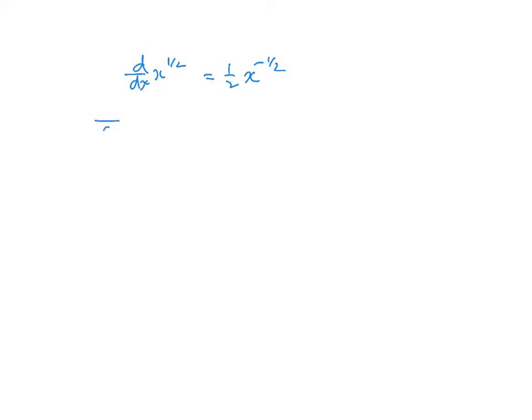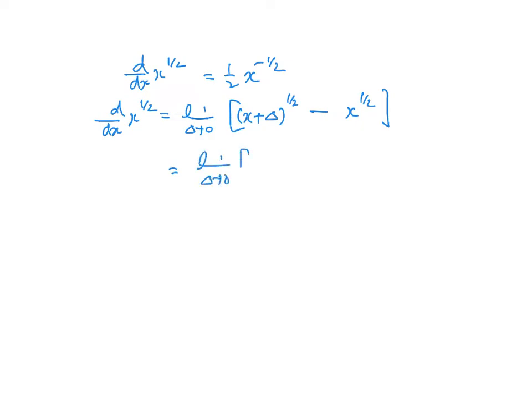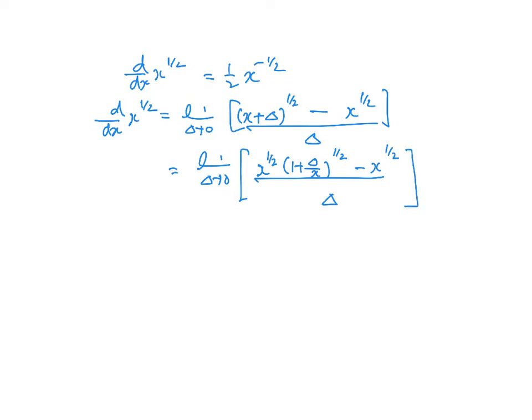So x^(1/2) derivative is the limit as delta goes to 0 of (x plus delta)^(1/2) minus x^(1/2), divided by delta. This is x^(1/2) times (1 plus delta over x)^(1/2) minus x^(1/2).